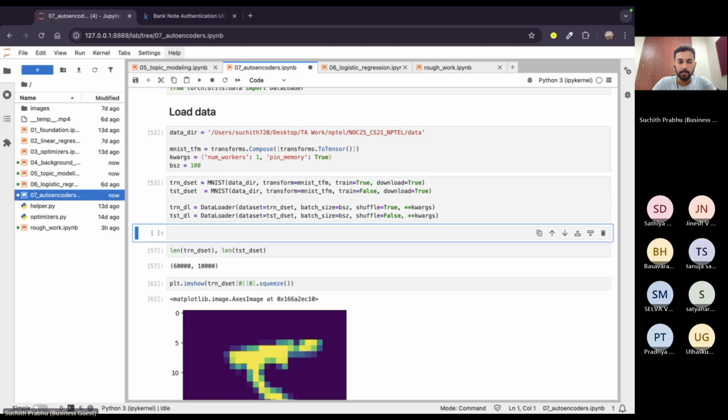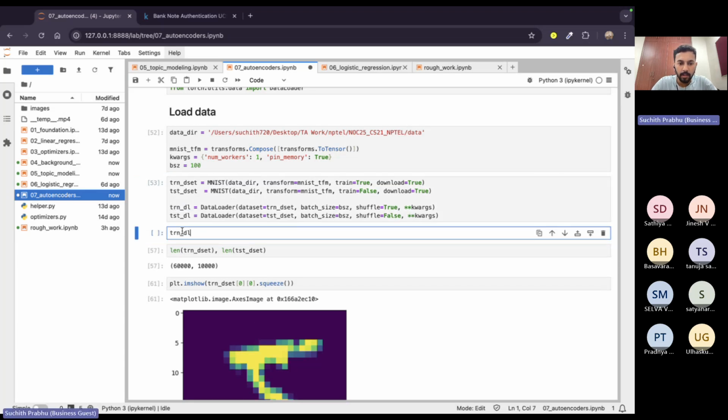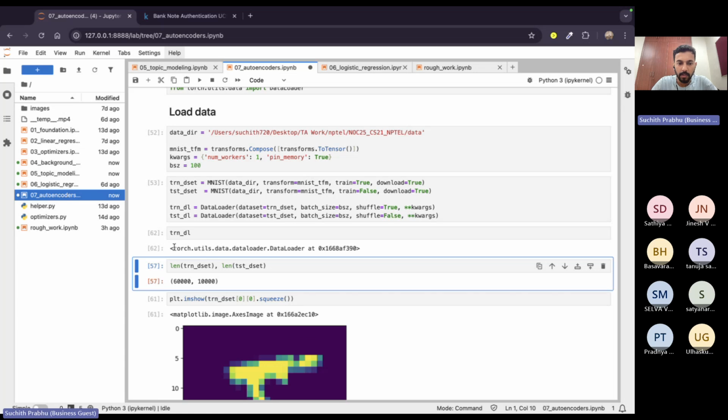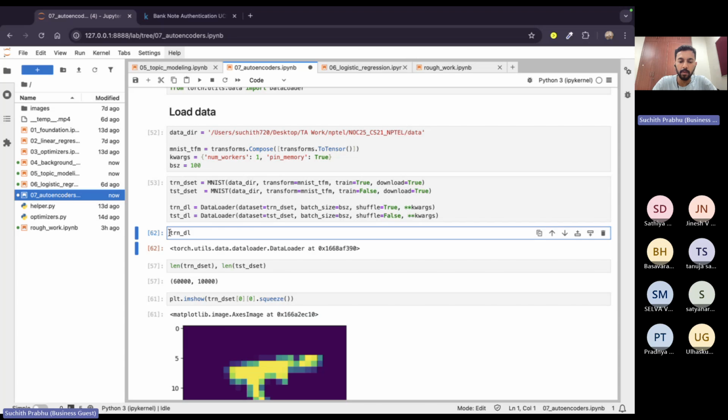Let us look at this DL class. The class of this variable is data, from our data loader class. If you want to get a batch, we have to convert it into an iterable and call the next function.